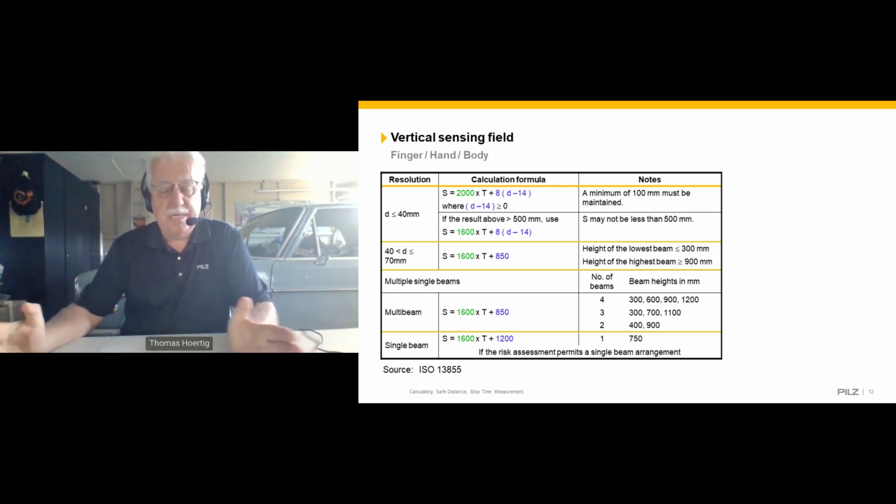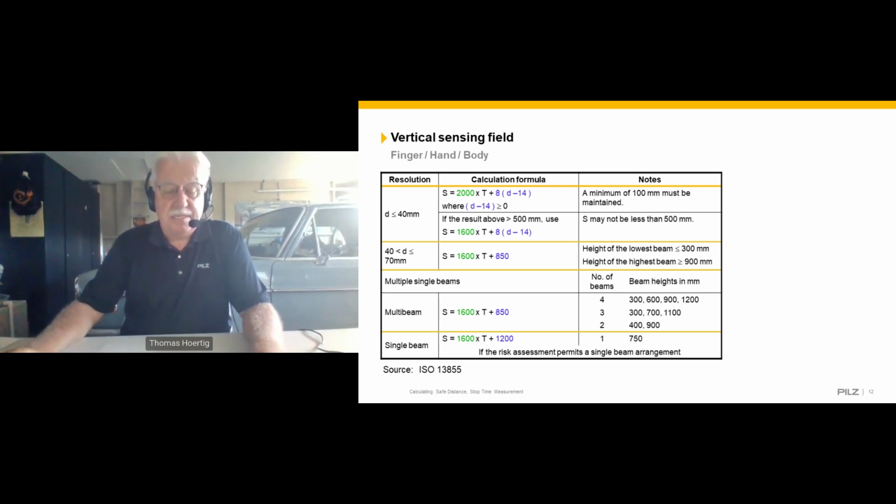It depends on the distance anticipated for your PSD device. If you're between 100 and 500 millimeters, then you use the 2000 millimeters per second. If you're possibly further away, more than half a meter or 500 millimeters, then you use the walk approach speed, the 1600 millimeters per second, and the formulas you see below.